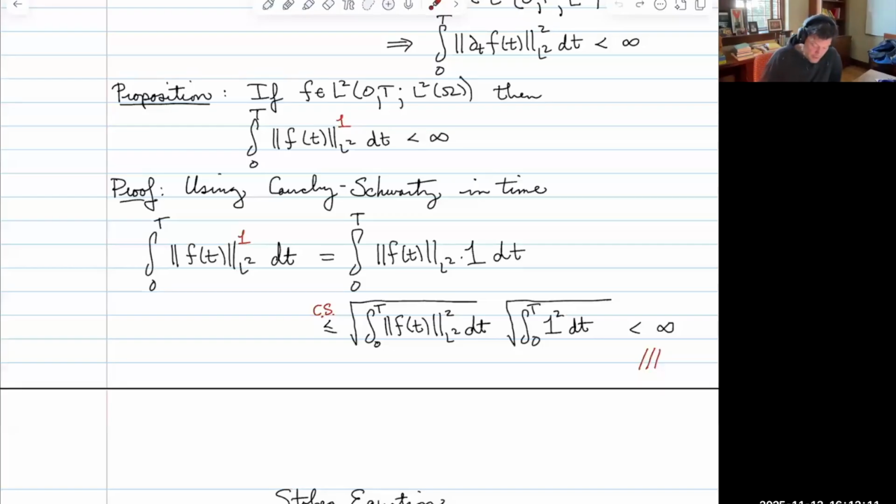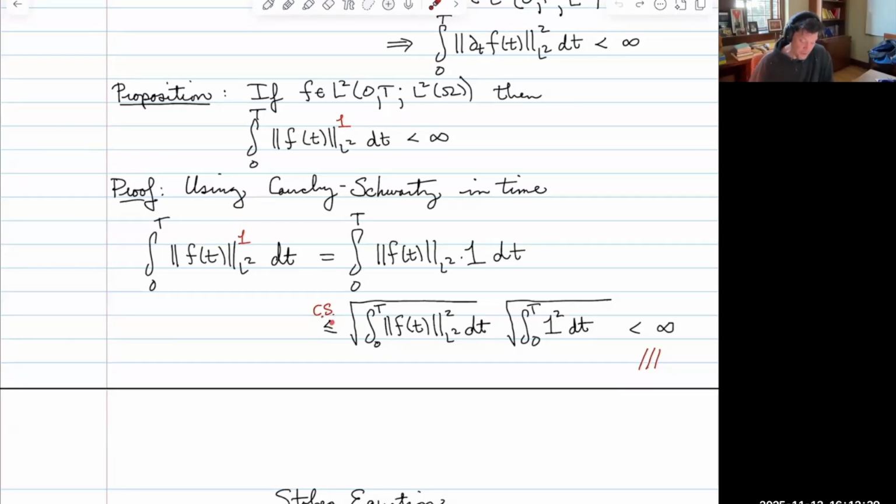We're viewing this as an inner product over the time interval 0 to T. So this is just a standard L^2 inner product over the time interval 0 to T. So I can apply Cauchy-Schwarz to this. Now, normally we've been applying Cauchy-Schwarz in the spatial setting, but it can also apply in the temporal setting as well.